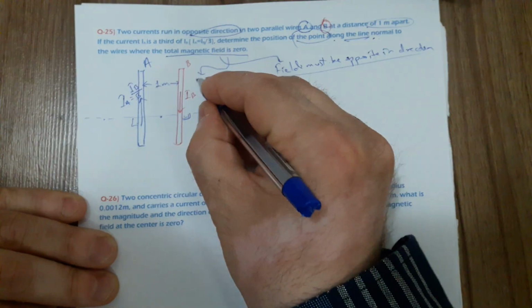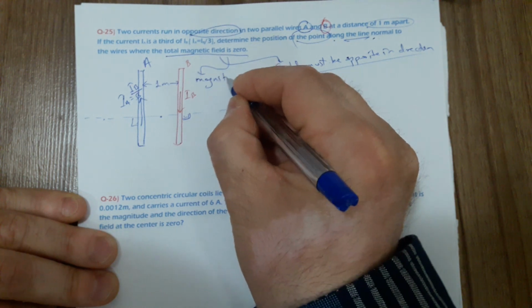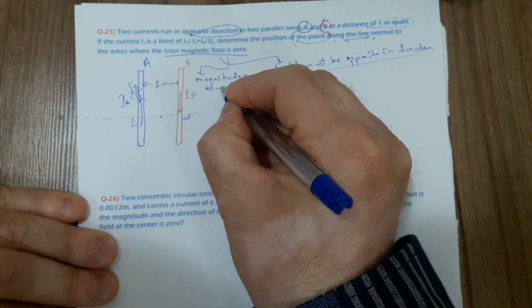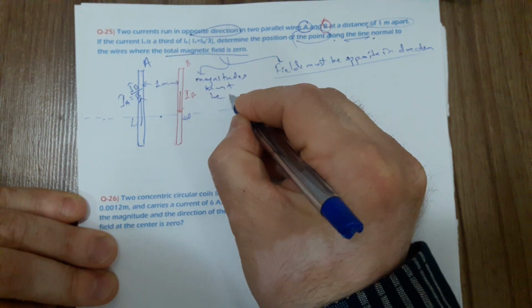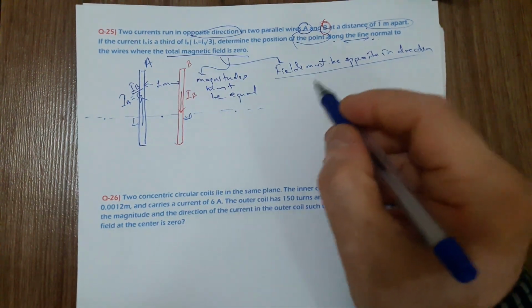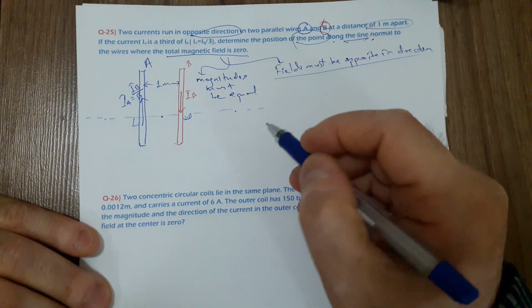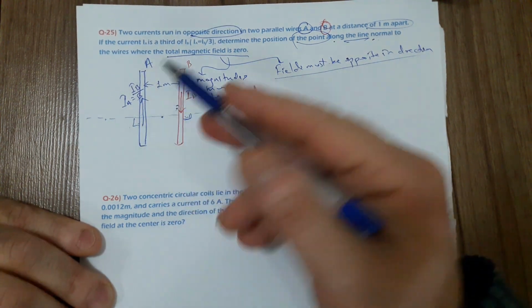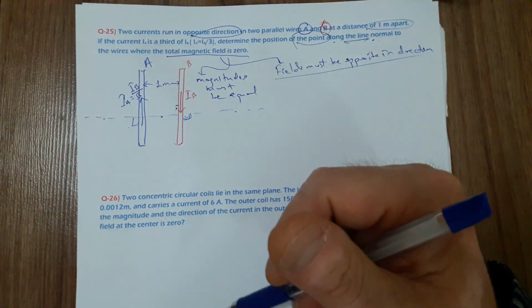The second one is magnitudes must be equal. So I'm going to look first at what location these two wires produce oppositely directed magnetic fields.